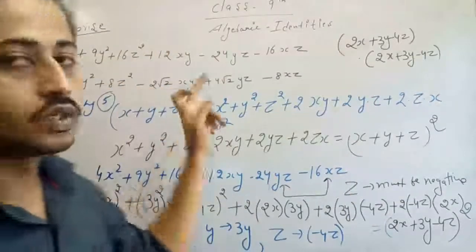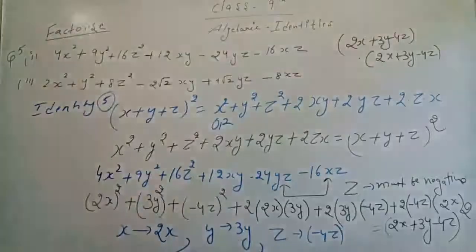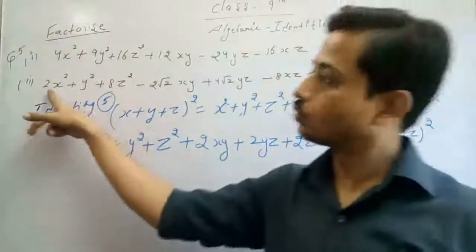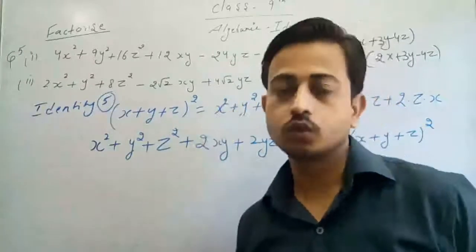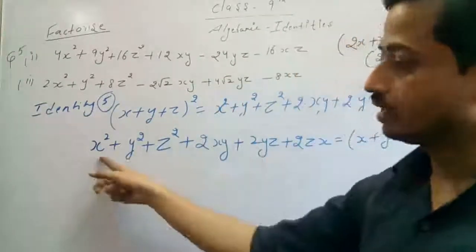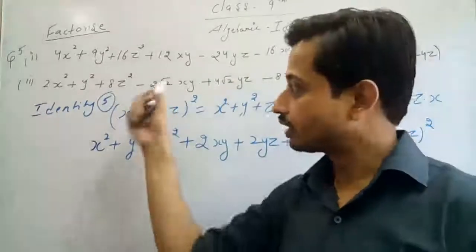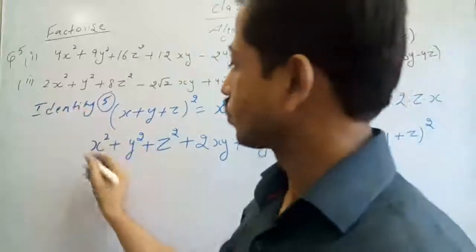Question number 2. It's very similar. So please make a note. Now look at part 2. It's very similar, so we have to use the same identity. That's why I am using this identity again. Write all the terms with the same coefficient. So the first term is 2x square.